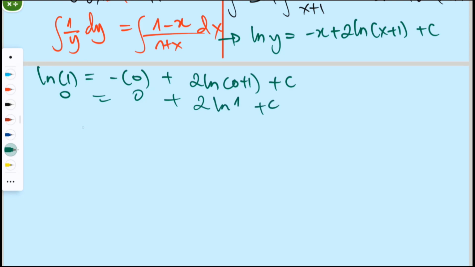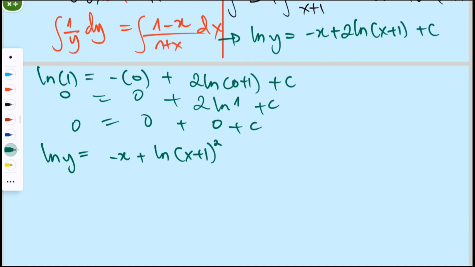This would be a 0 as well, so 0 equals 0 plus c, so c is actually 0. That boils down to natural log of y being equal to negative x plus ln of (x plus 1) squared. I decided to bring the 2 to the top. I'm just going to resize this.